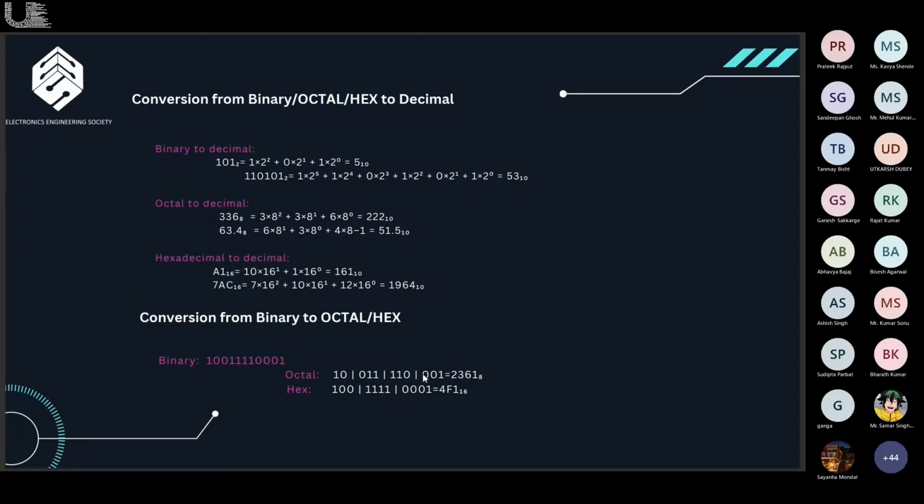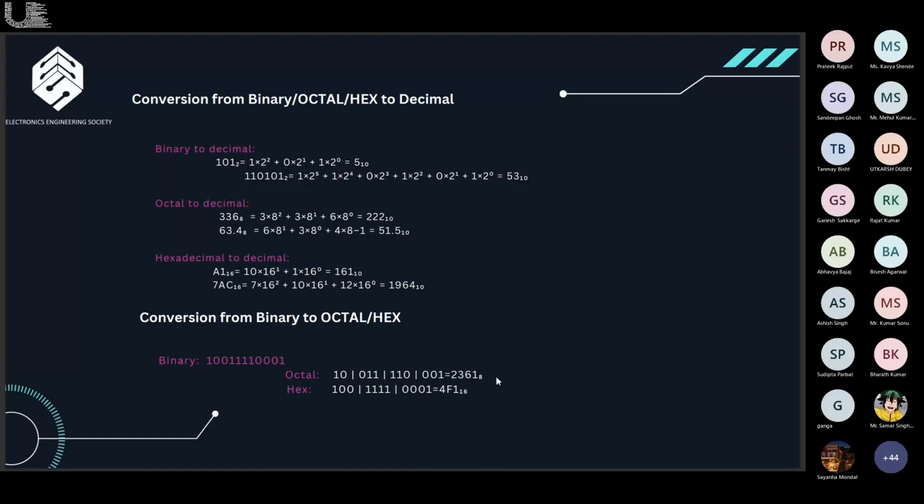So we'll club 3 bits together and we'll write the equivalent decimal of these groups. For example, decimal of 001 is 1, decimal of 110 is 6, decimal of 011 is 3, and so on. And then this 2361 will be the equivalent octal number of this binary representation.